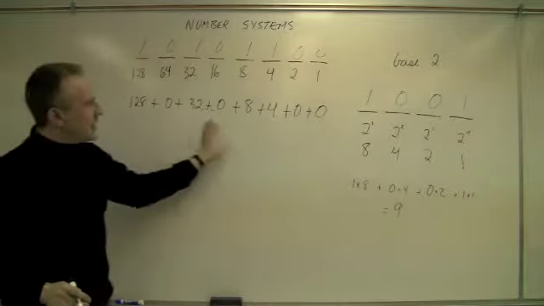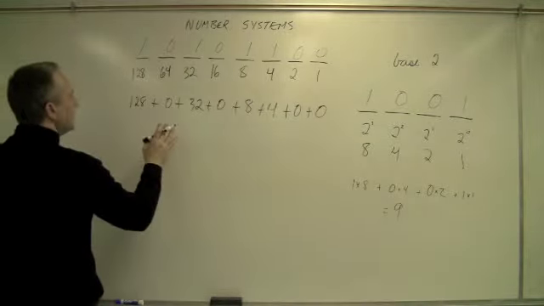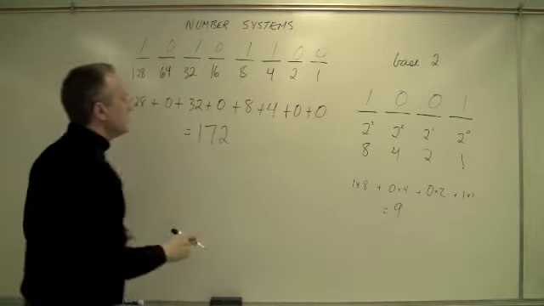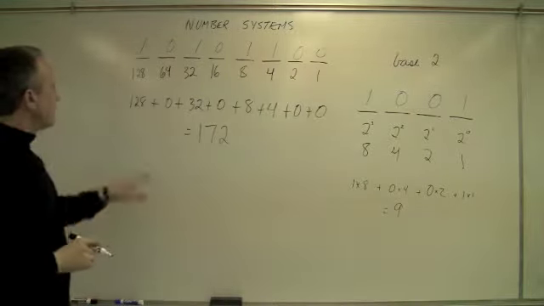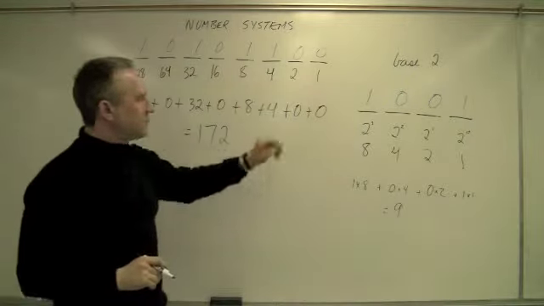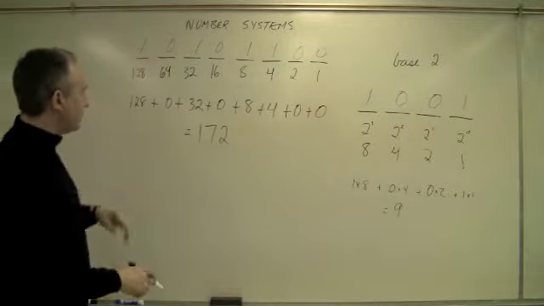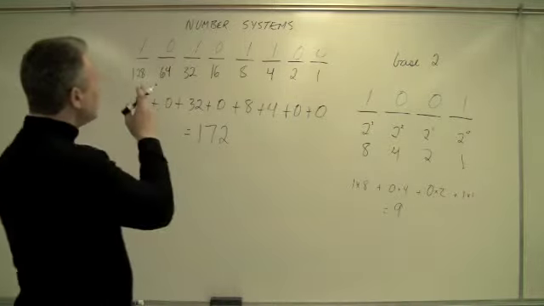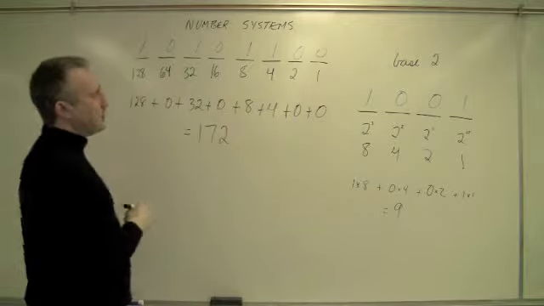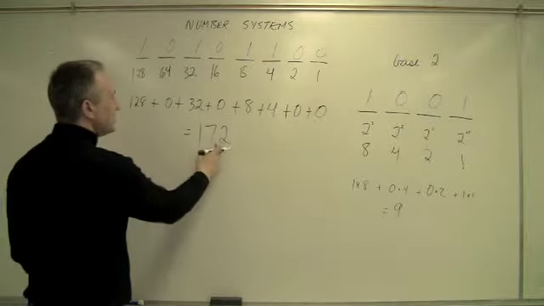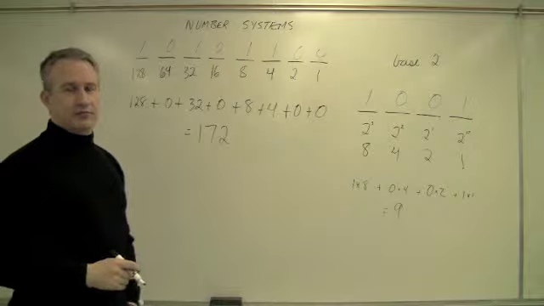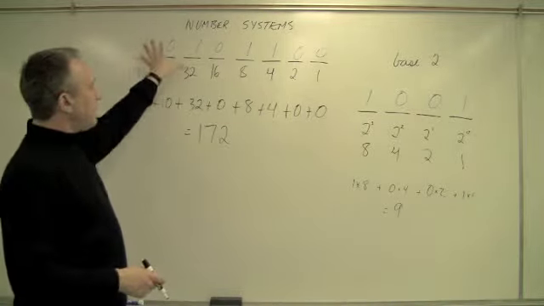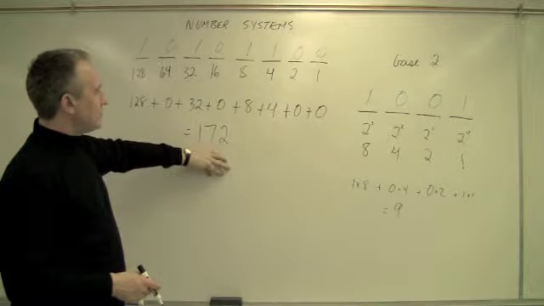Now we can add this up, and what we get is 172. 128 plus 32 plus 8 plus 4. Add the whole thing up, and that gives us our final decimal value. So 10101100 in binary equals 172 in decimal. That's how we do the conversions going from binary numbers to decimal numbers.